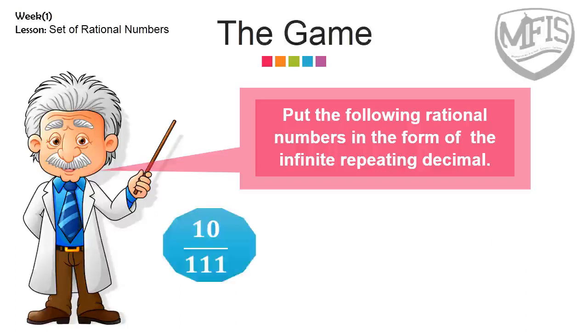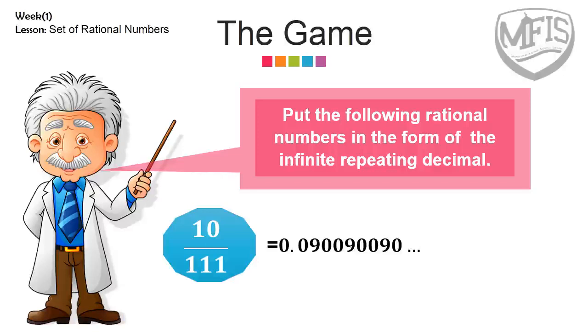In this question, 10 over 111 will equal 0.09009, and so on. You have to distinguish the recurring sequence of digits because here I have 0900900 and so on.